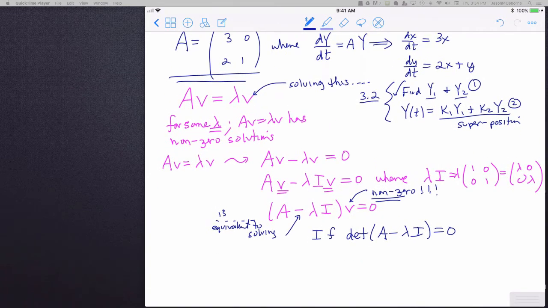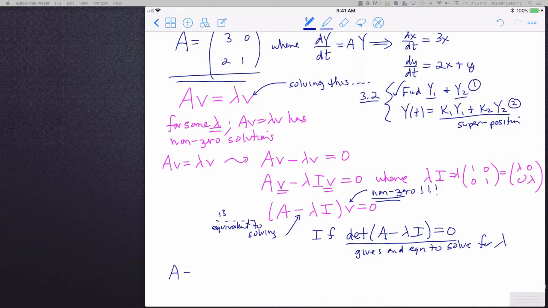Okay? And this will essentially give you an equation to solve for the variable lambda. If you can solve this equation for lambda, then you have your eigenvalues. Okay?